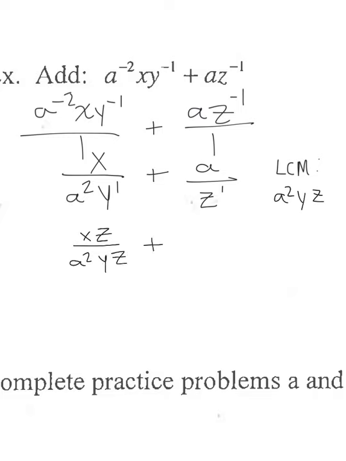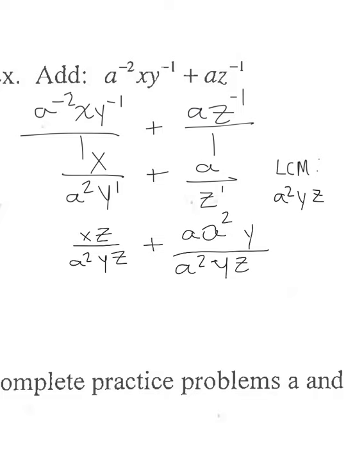Then I'm going to have to multiply a over z to the first times a squared y. So I'm going to throw an extra step in here and do a times a squared y. That's the numerator. And then I'm going to do a squared yz for the denominator.